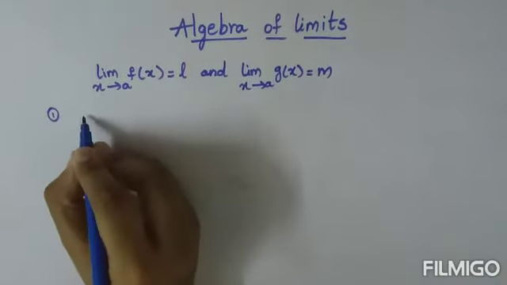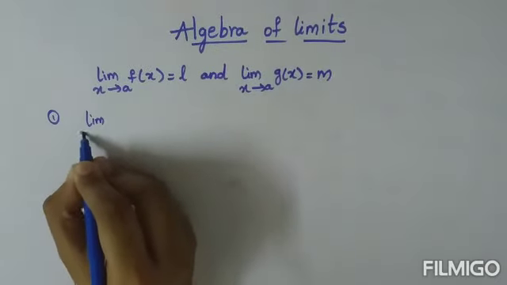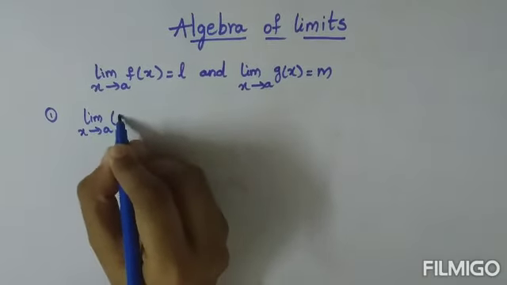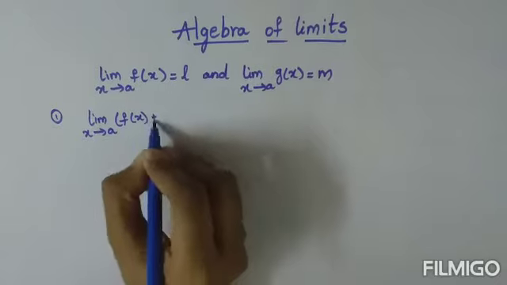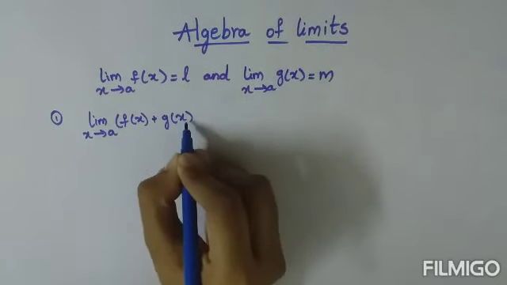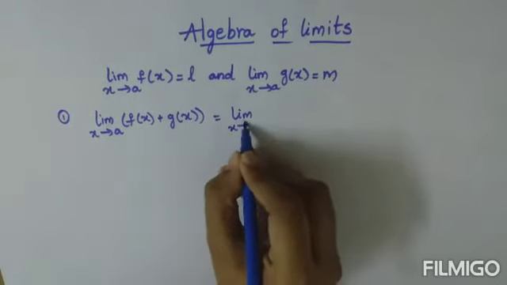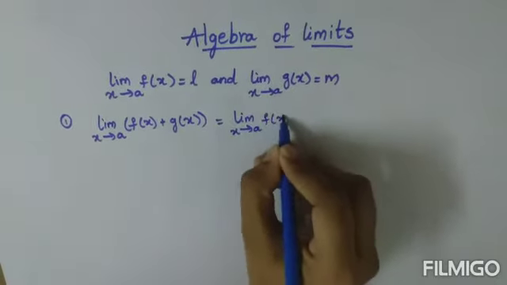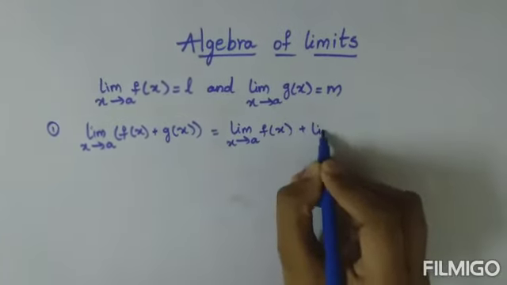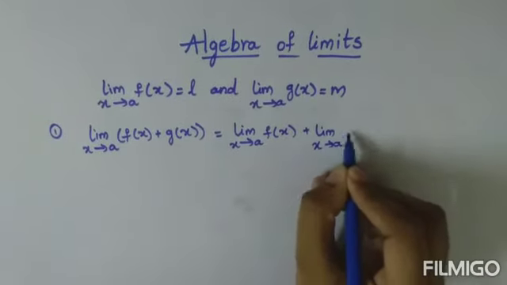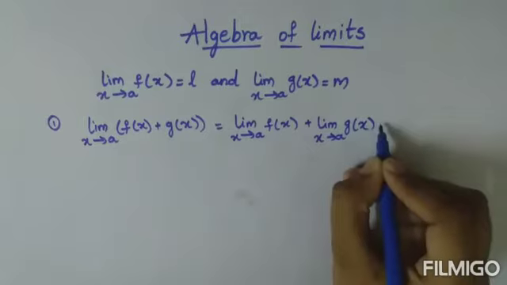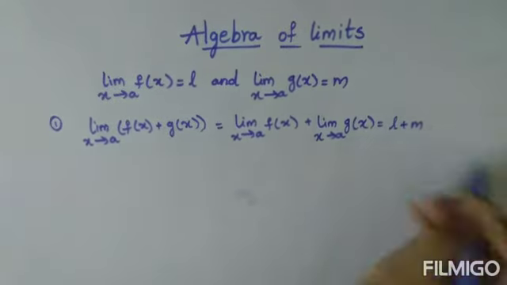Now if we want to calculate limit x tends to a, f of x plus g of x, this can be simply expanded as limit x tends to a f of x plus limit x tends to a g of x, which is nothing but L plus m.